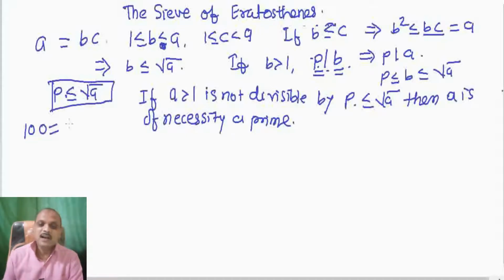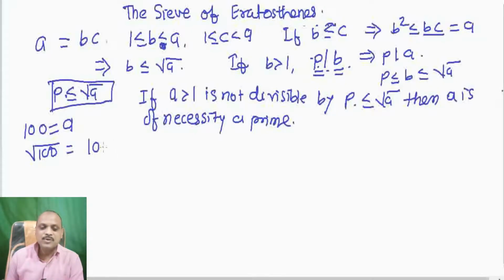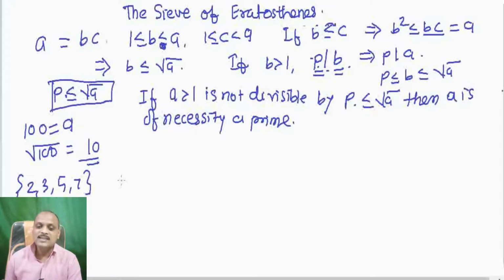Then take the root of this 100, and what is the root of 100? It is 10. We have taken a simple example to get the idea of the sieve of Eratosthenes. Then list all the primes up to 10. What are they? 2, 3, 5, 7. These are the prime numbers which are less than or equal to 10.